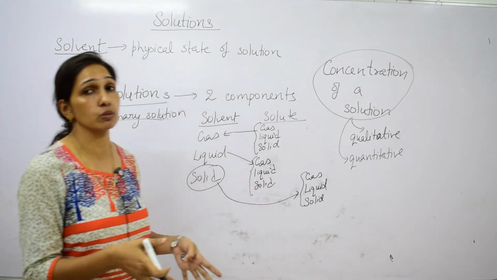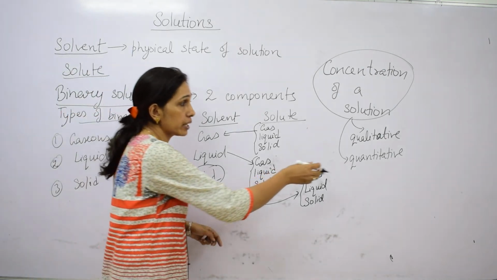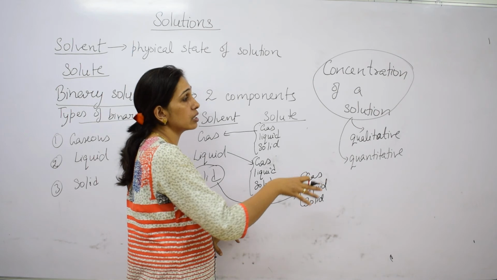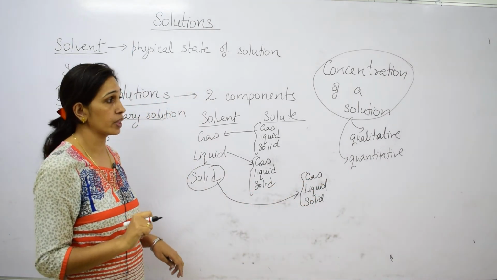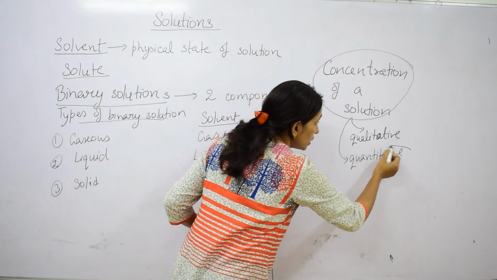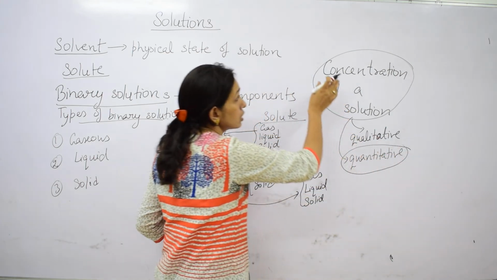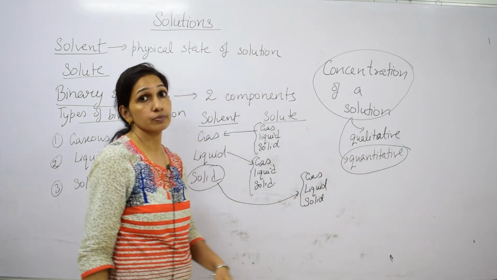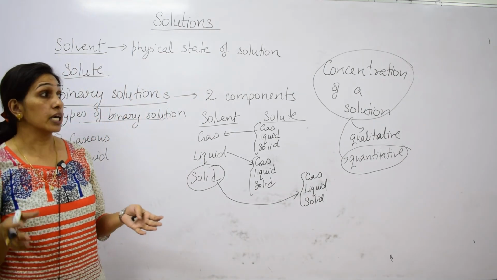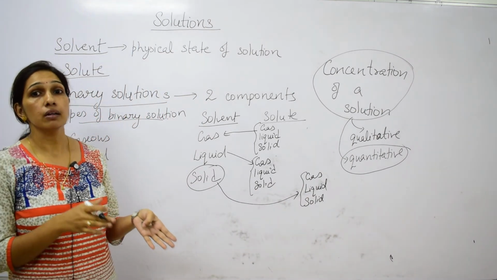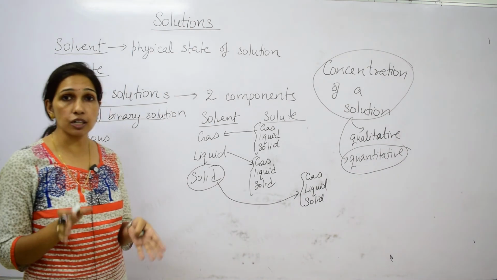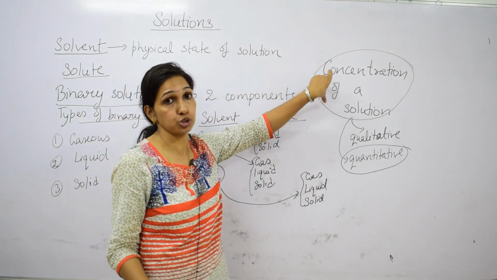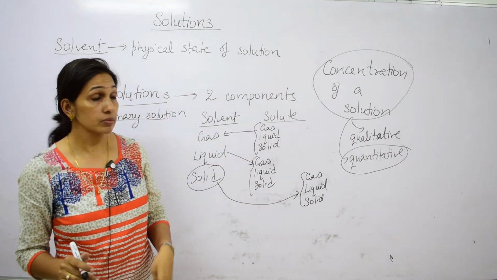With the help of these terms, we can measure the amount of solute present in a definite volume of solution. So, we will study the measurement of concentration of a solution using these different concentration terms. Thank you.